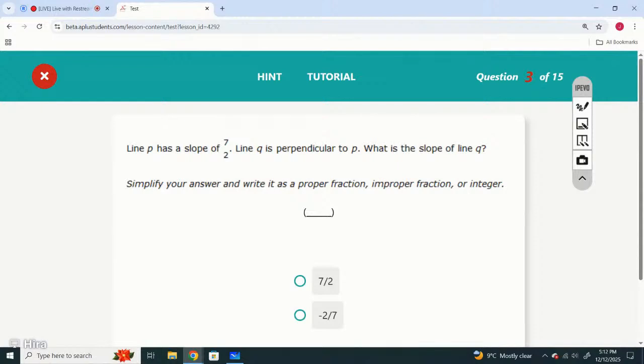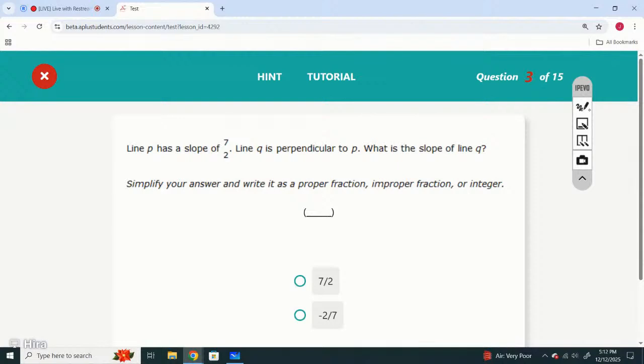Line P has a slope of 7 by 2 and line Q is perpendicular to line P. What is the slope of line Q? So which is the correct option? The lines are perpendicular, so perpendicular lines have slopes that are negative reciprocals.